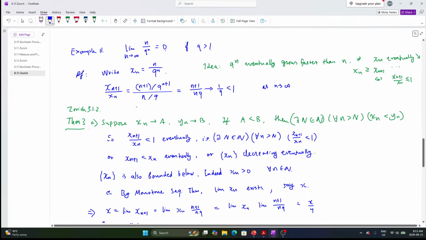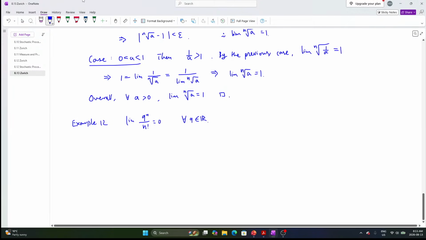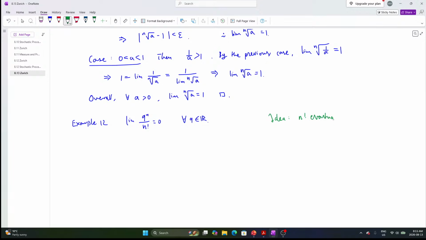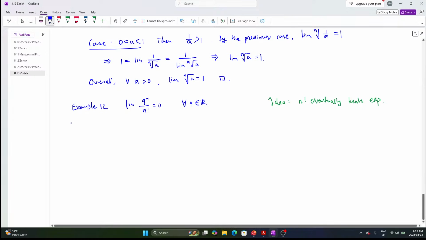Right? So let's do that. The same idea. Okay? The idea is factorial eventually, quote unquote, beats exponential. So let's do that. Proof.